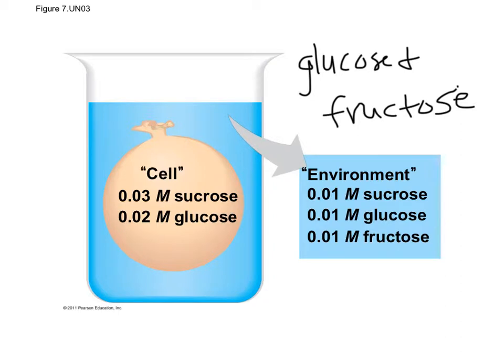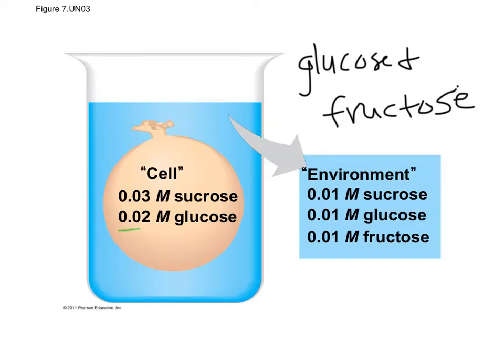Here's an example of a dialysis problem you might have. In this case, I would tell you that the membrane is selectively permeable and that sucrose is a non-penetrating solute, so it's permeable to glucose and fructose, the monosaccharides in this case. So we'll look first at glucose. Glucose can get through the membrane, which means that it'll move itself to even out.